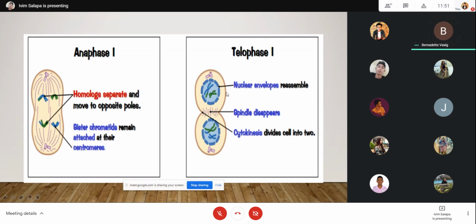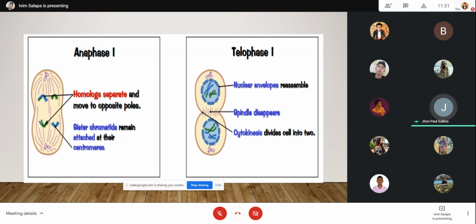Classmates, do you have any idea? Aside from those mentioned by Salapa, what else is different between telophase of mitosis and telophase of meiosis? What about the centromeres?